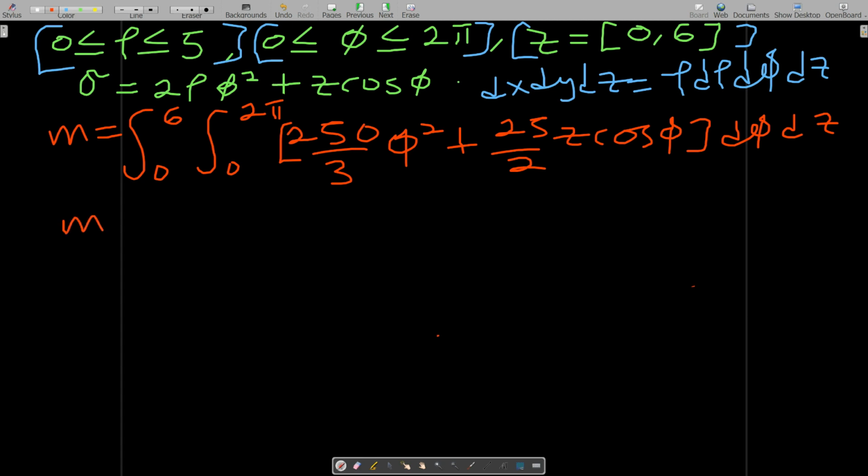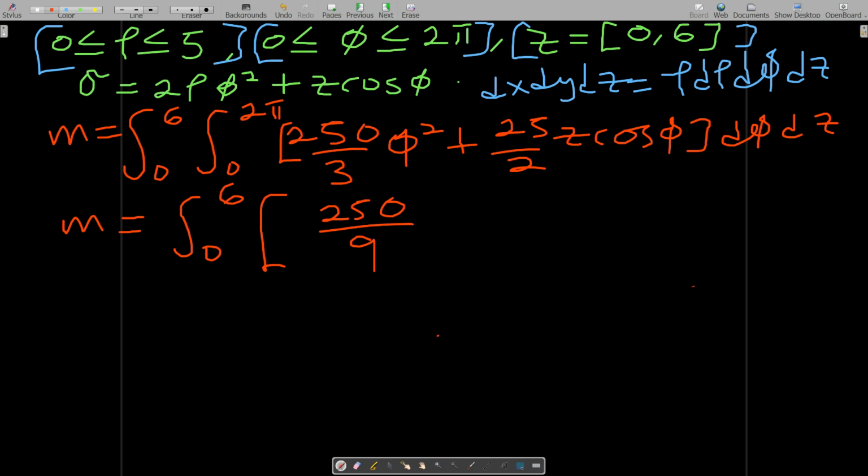So mass is equal to the integral from 0 to 6. Then with respect to phi, when we integrate this side, since this is a squared, we get 1 over 3 phi cubed, and multiplying that, we get 250 over 9, because the 1 over 3 will multiply the 250 over 3.